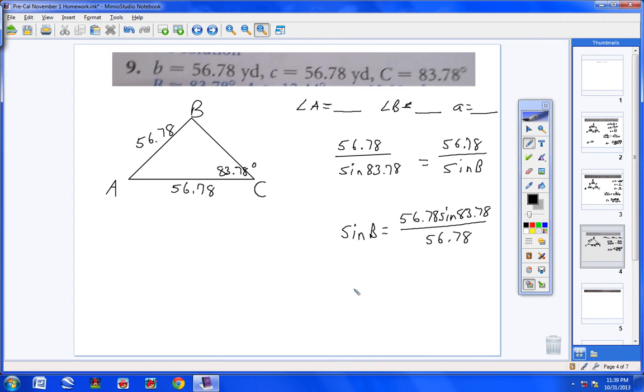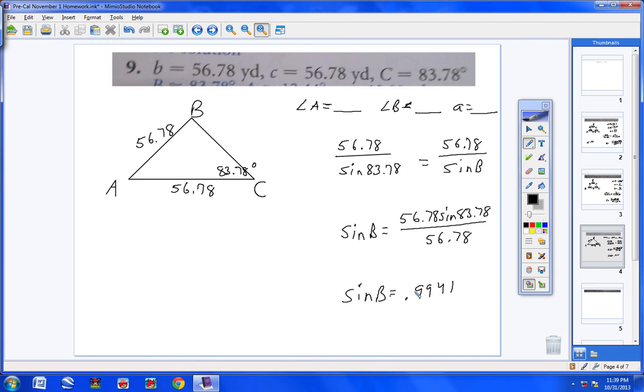Now, if you type all of this into your calculator, you should get this right here. Hold on one second while I do it. 56.78 sine of 83.78 divided by 56.78. And that's going to give you 0.994113245.